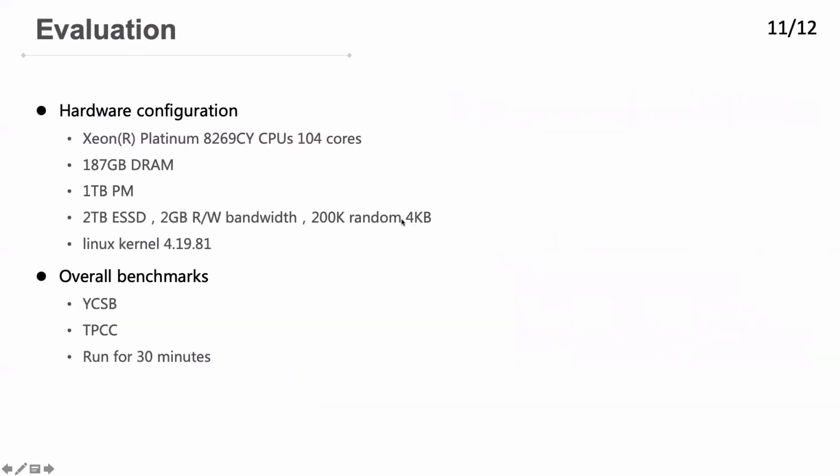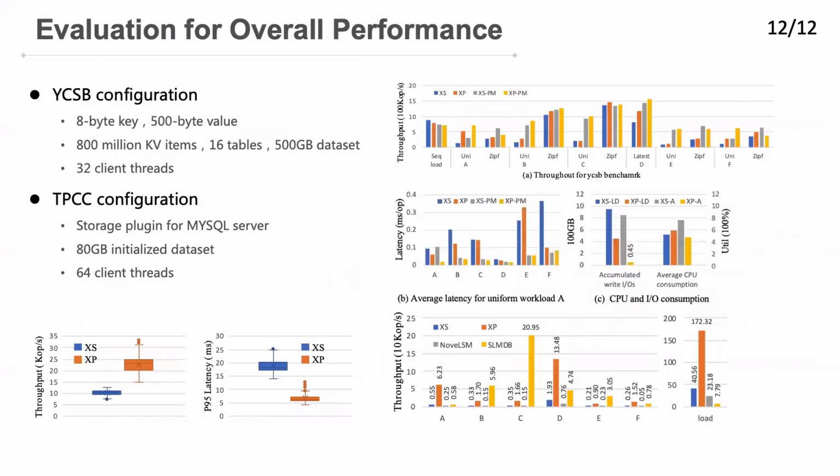We evaluate the overall performance with YCSB and TPC-C benchmarks, each for 30 minutes. In the write-intensive workloads of YCSB, the overall performance significantly outperforms the baselines because our solution avoids expensive over-logging, which also brings less write latency.